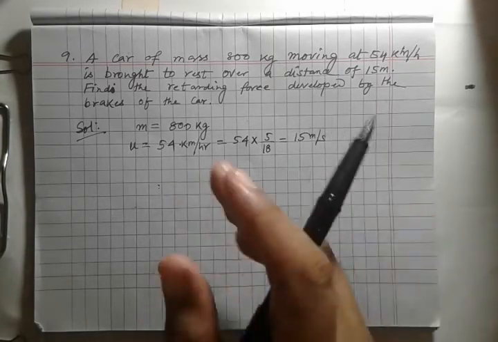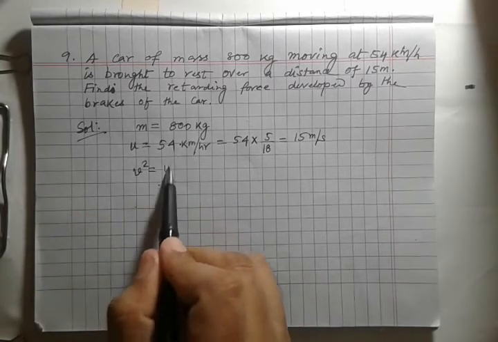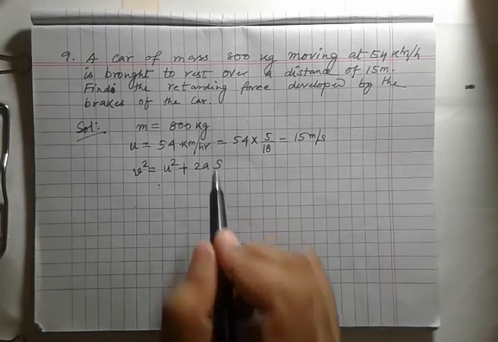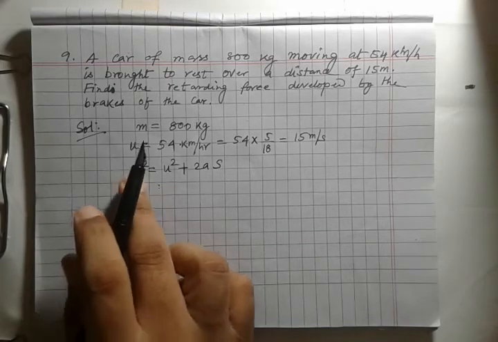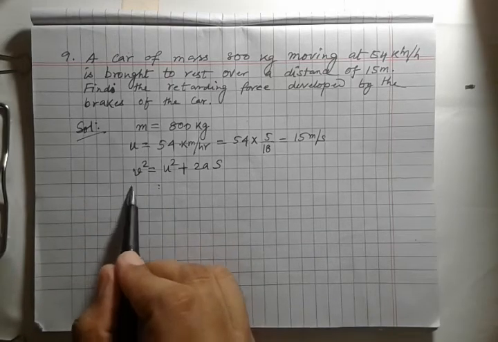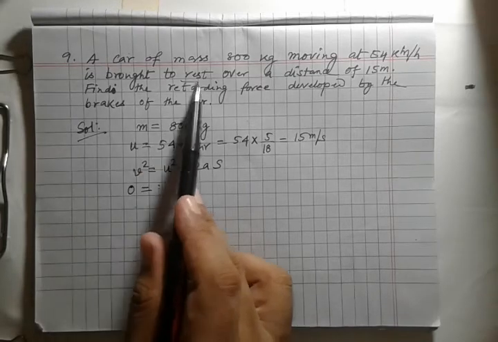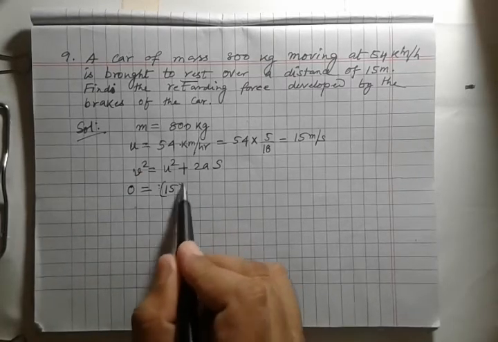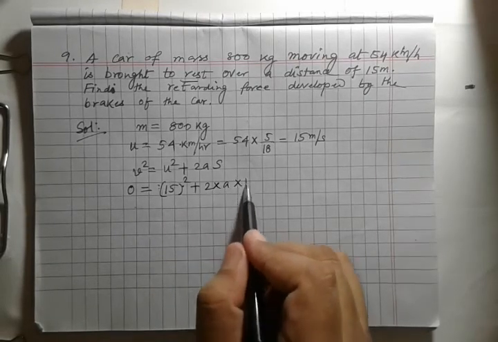Now which formula can you use to find out the retardation? We'll use v square is equal to u square plus 2as. s is given, no? 15 meters is given. Your final velocity v is 0 because it has come to rest. Brought to rest is written. So 0 is equal to 15 whole square plus 2 into a into 15.